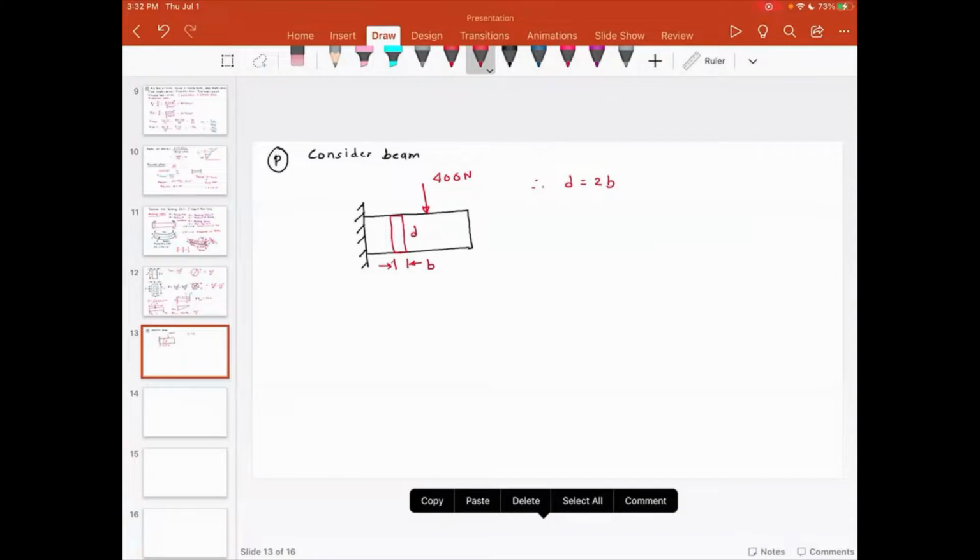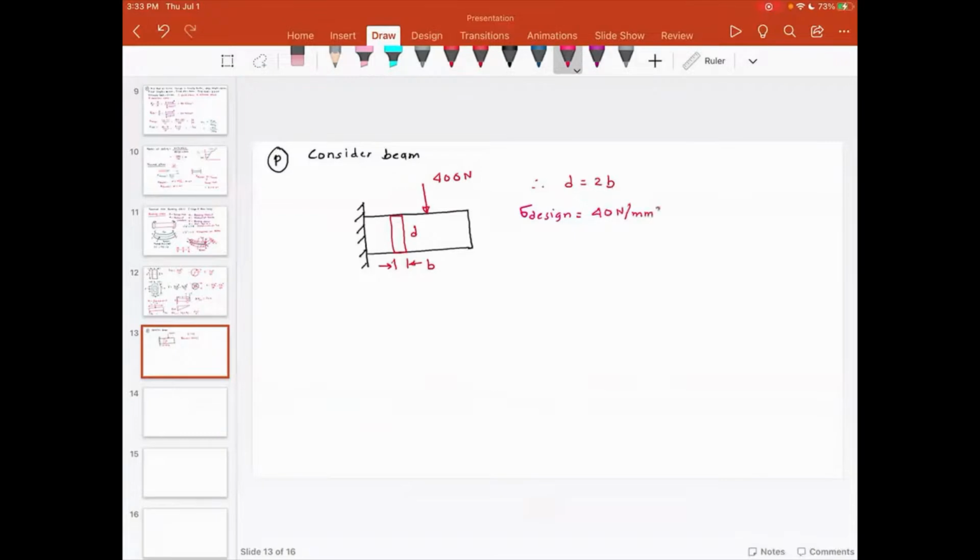And we have to find the dimensions B and D, when the sigma design, or the maximum bending stress, is limited to 40 Newton per millimeter square.